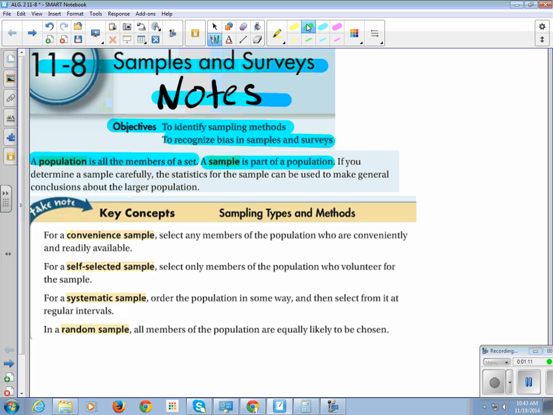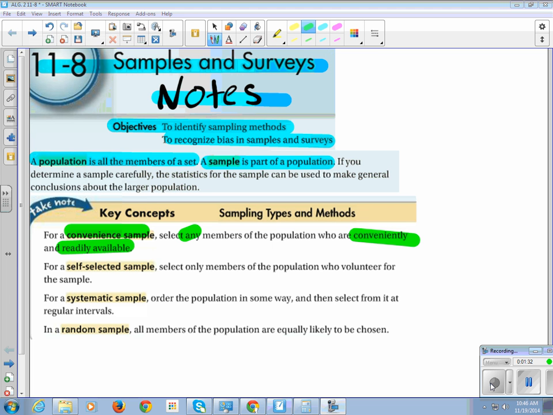So for a convenience sample, you select any members of a population who are conveniently and readily available. Can you see any downside to a convenient sample?